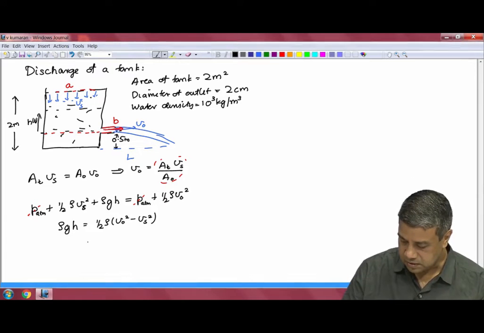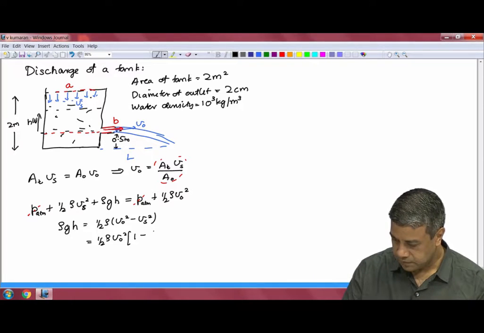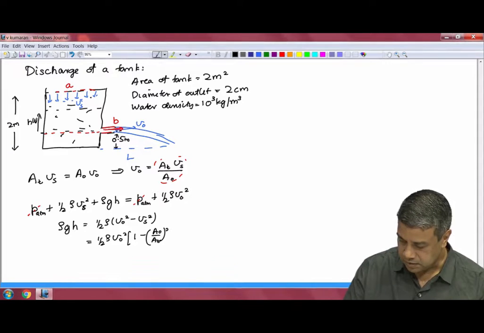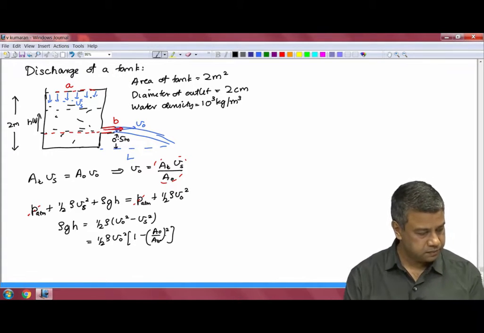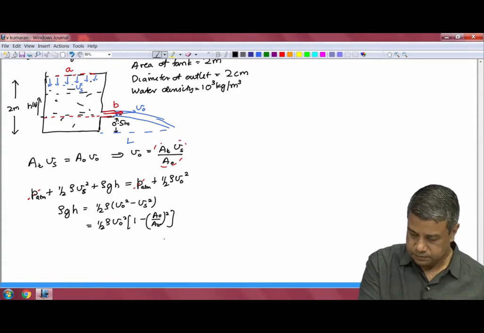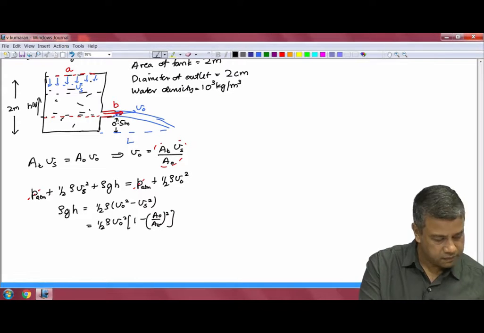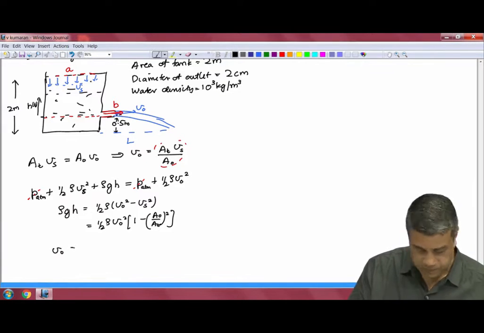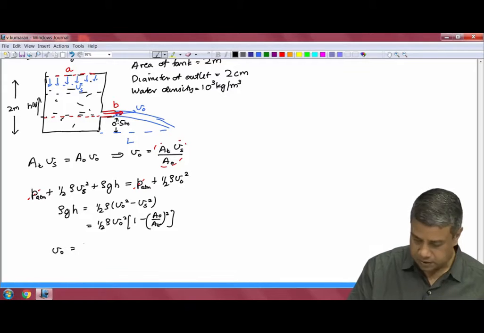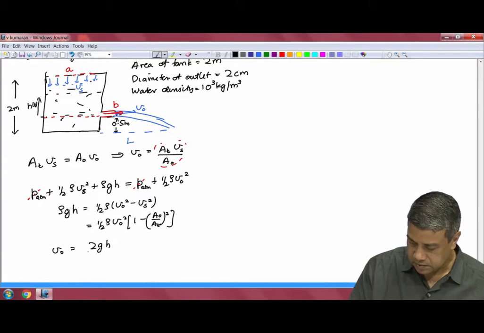So, this is going to be equal to half rho V0 square into 1 minus (A0 by At) the whole square. That is rho g h. And from that I can get the value of V0, which is going to be equal to the square root of 2 g h by 1 minus (A0 by At) square.